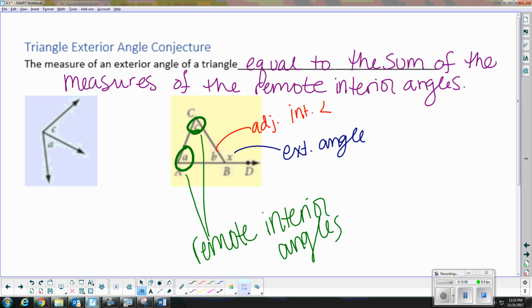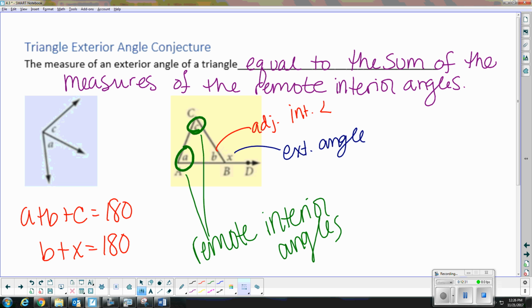Okay, so let's think about this for a second. Our triangle sum conjecture says that A plus B plus C equals 180. Okay, so we know that's true. It also says that B plus X equals 180.